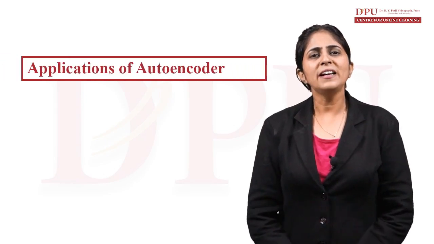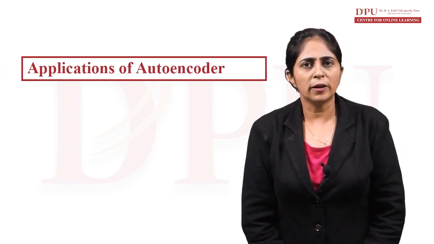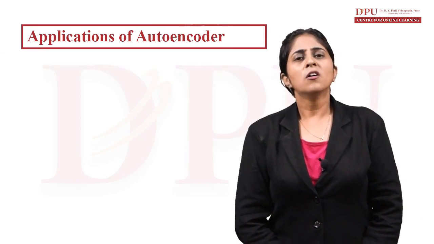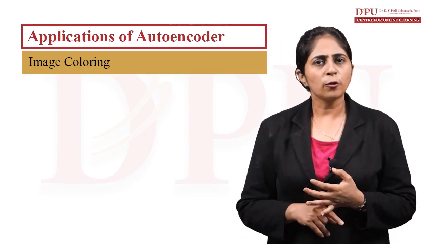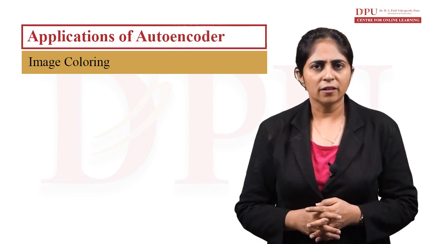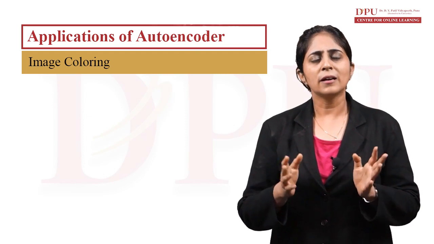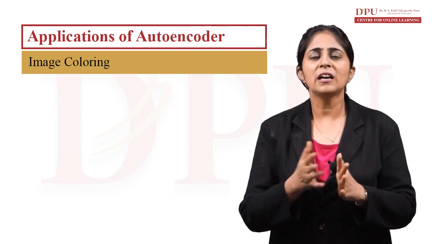Now come the various applications of autoencoder. Autoencoder has different types of applications. The very first application is image coloring. We have seen that the autoencoder does the function of changing images.